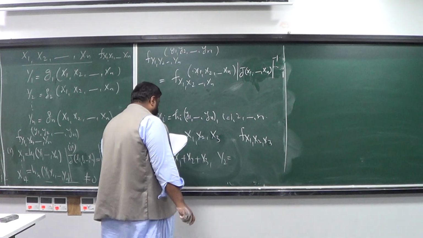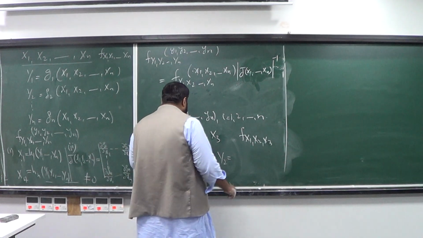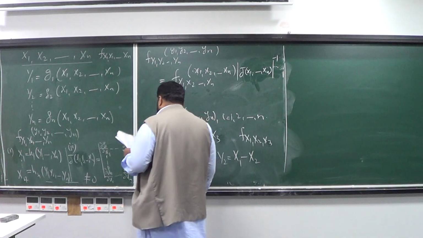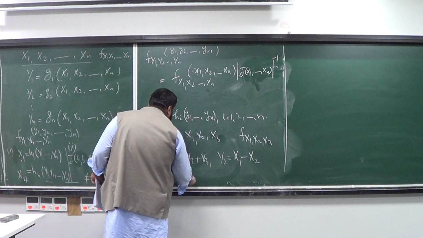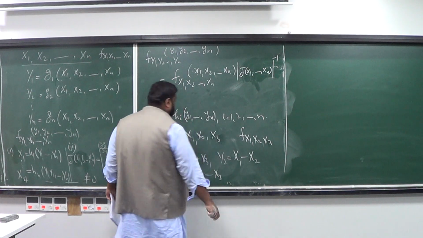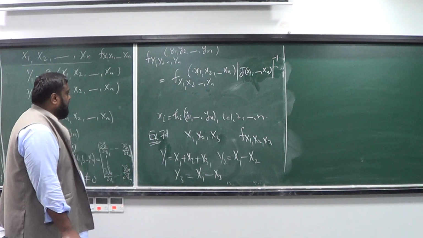y2 is x1 minus x2, and y3 is x1 minus x3. Okay, so these are the three things.